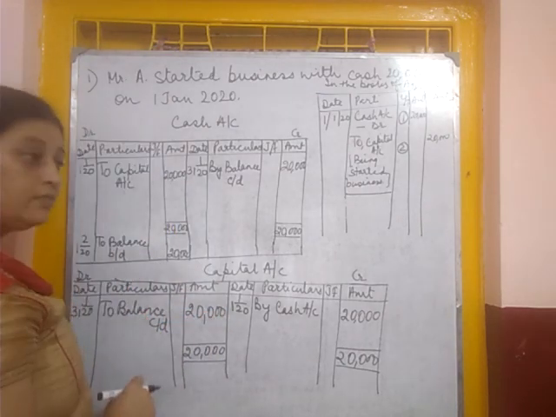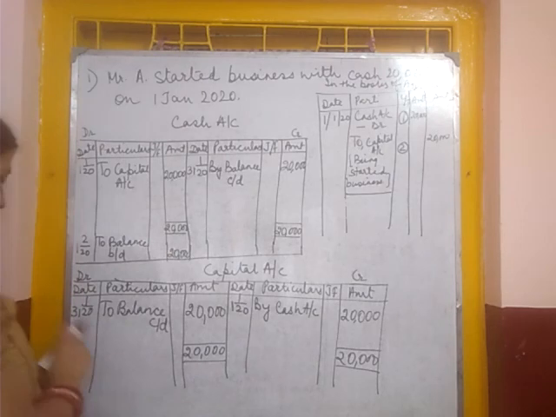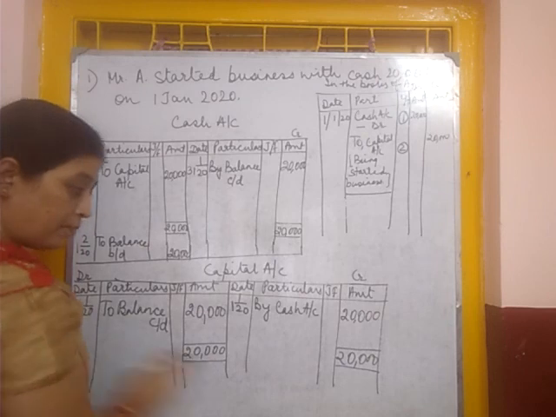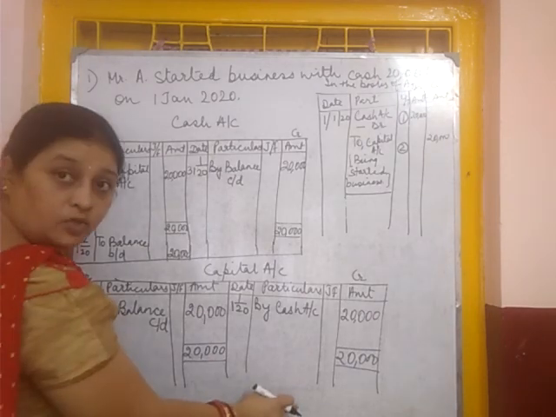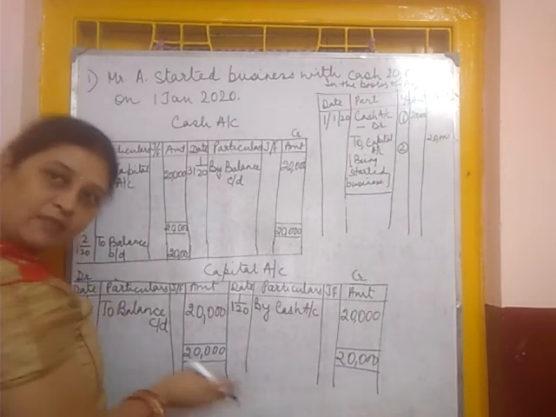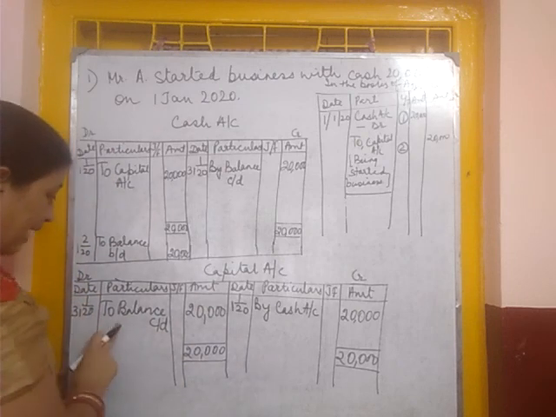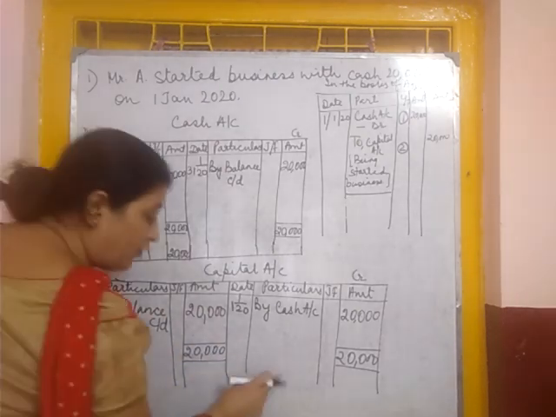Clear? And as I told you, whatever balance c/d is there, this balance c/d has to be brought down to the opposite side of the same ledger account. For this, again this balance c/d has to be brought forward.